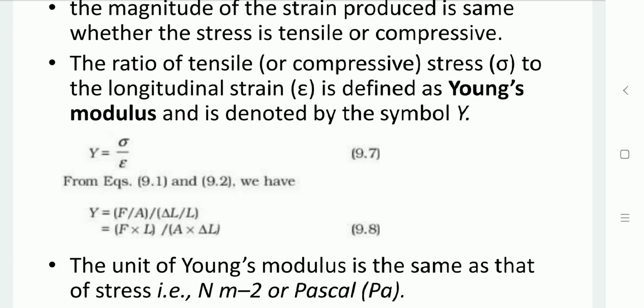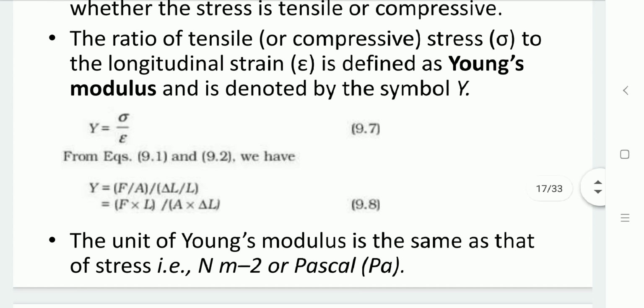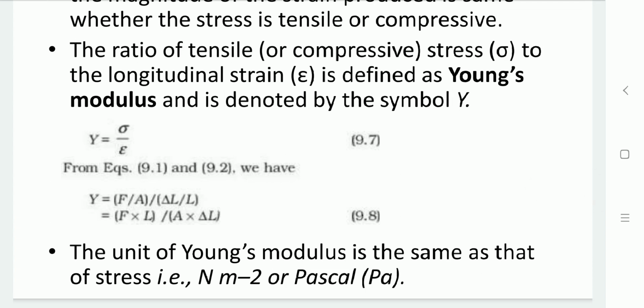So let us substitute both values of stress and strain, and we get Young's modulus Y equal to F into L divided by A into delta L. Here the unit of Young's modulus is the same as stress, because the units of L by delta L cancel each other out. So it is force by area, Newton per meter square or Pascal, and its dimensional formula is M L inverse T raised to minus 2.